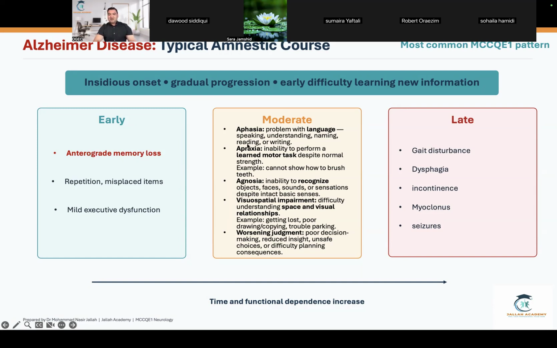So remember this. In the moderate stage, the patient starts losing functionality. Aphasia: a problem with the language. If Alzheimer gets moderate, which it will, we cannot stop it, it only gets worse. So the patient will develop aphasia, a problem with language: speaking, understanding, naming, reading, and writing.